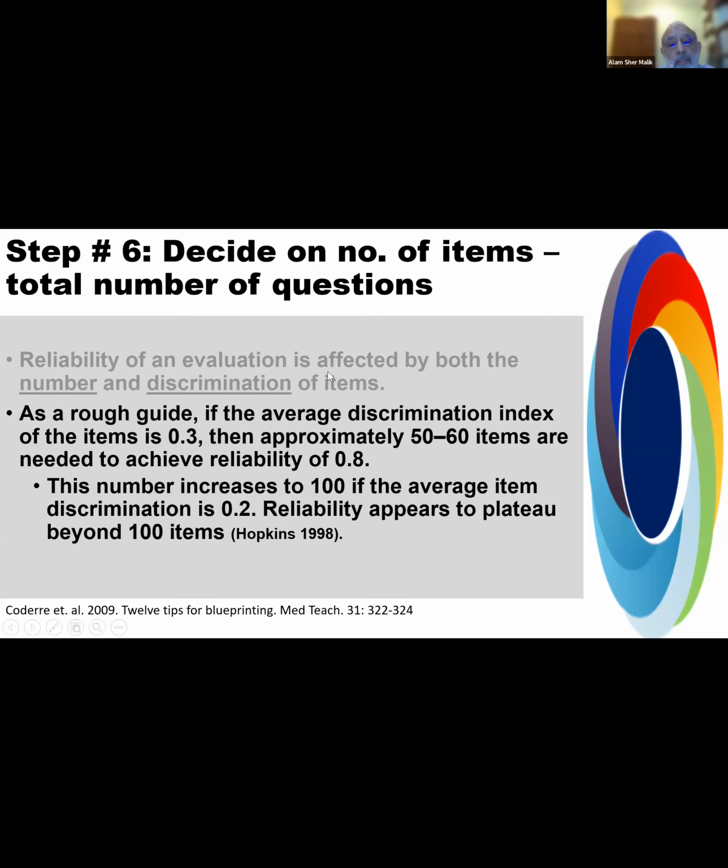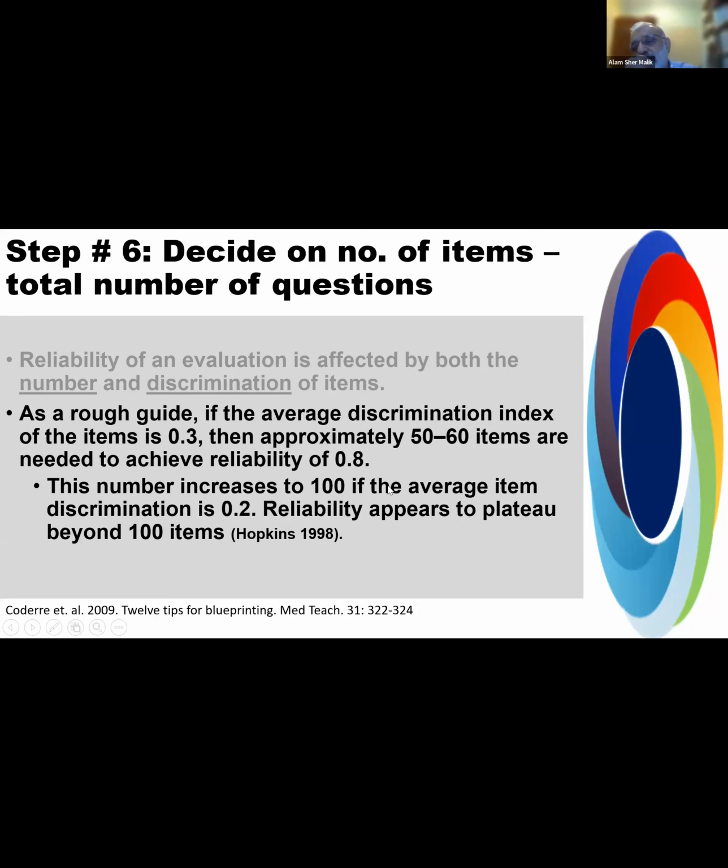So it depends on what our target is. A discrimination of 0.3 is very, very good. And this means that to have that discrimination and a good reliability, we must have 50 to 60 questions. But if, for example, the discrimination is less, then we need to increase the number of questions.